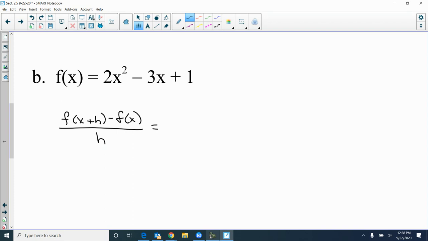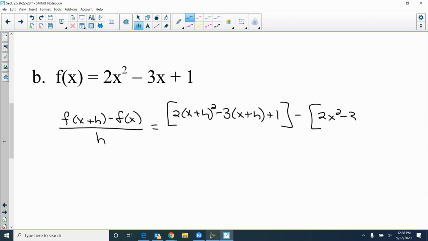F of x plus h: everywhere there's an x, plug in x plus h. So it's going to be 2 times the quantity x plus h squared minus 3 times x plus h plus 1, minus f of x, which is 2x squared minus 3x plus 1, all over h.